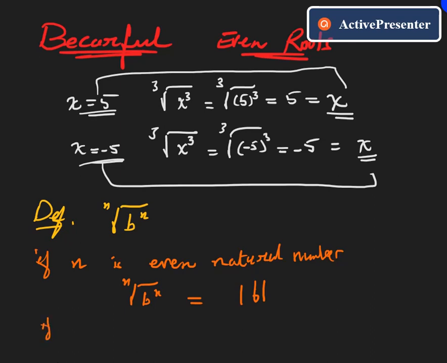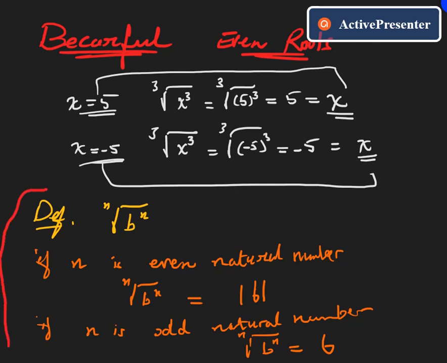If n is an odd natural number, the nth root of b to the power n is equal to b. I hope this is clear and you can understand exactly what we mean by that. We mean this.